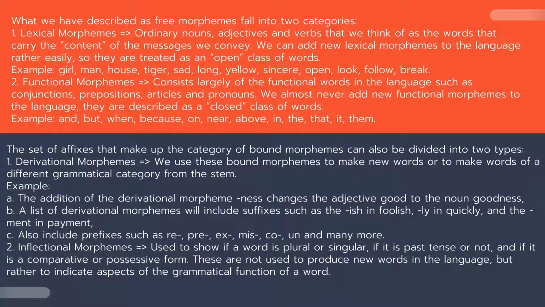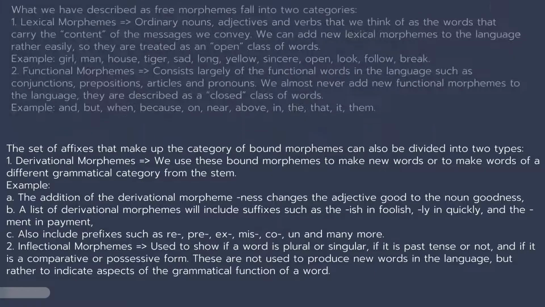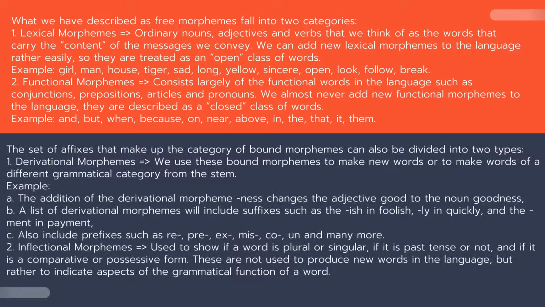Example: A. The addition of the derivational morpheme -ness changes the adjective good to the noun goodness. B. A list of derivational morphemes will include suffixes such as -ish in foolish, -ly in quickly, and -ment in payment. C. Also included are prefixes such as re-, pre-, ex-, mis-, co-, un-, and many more.